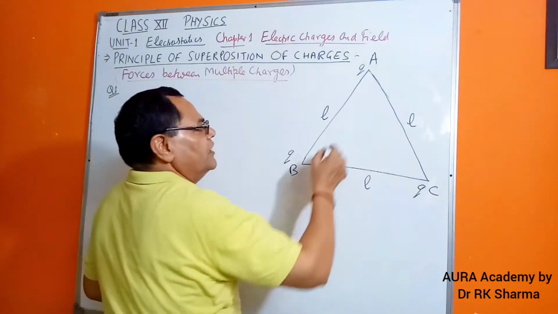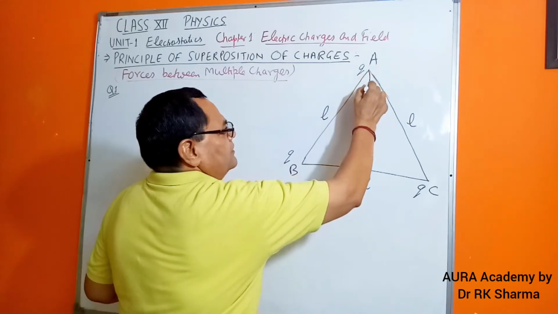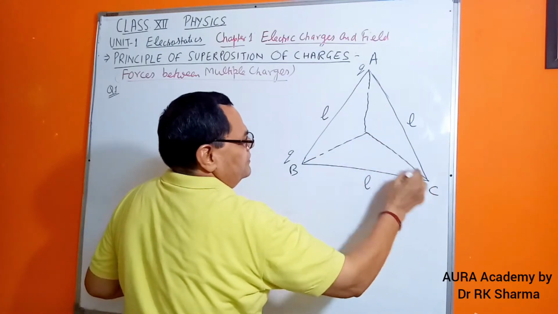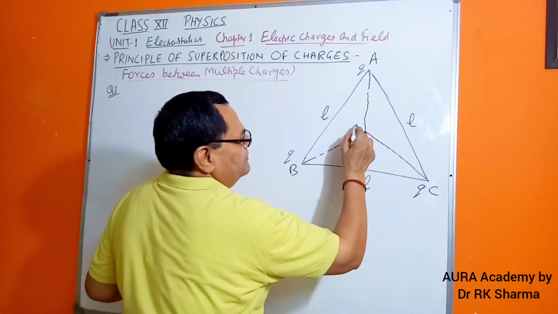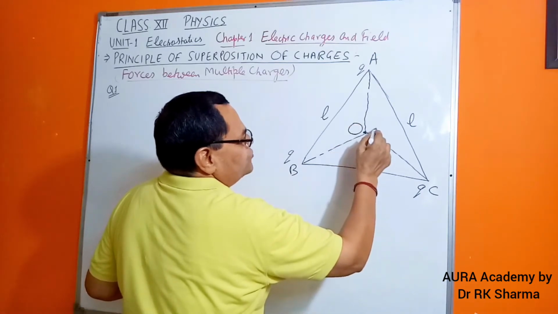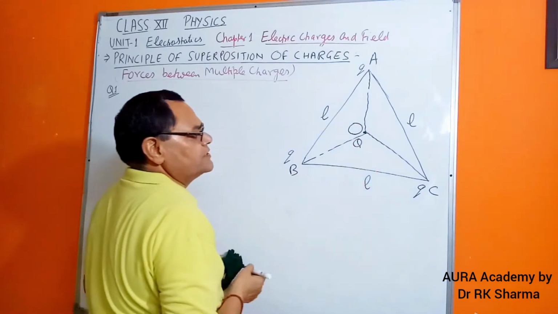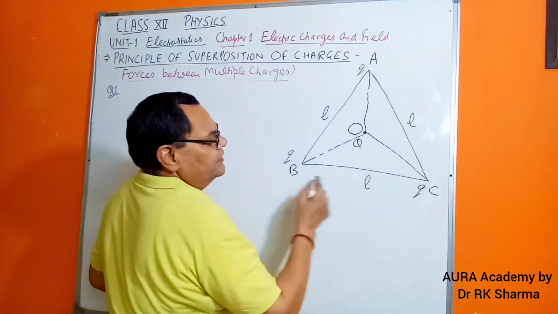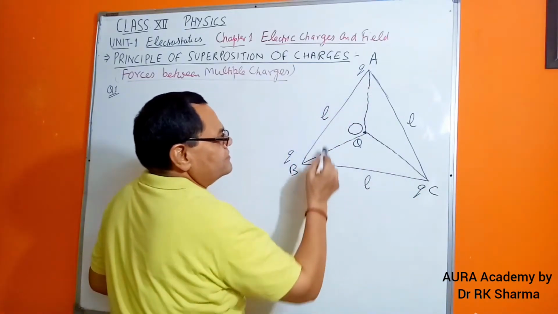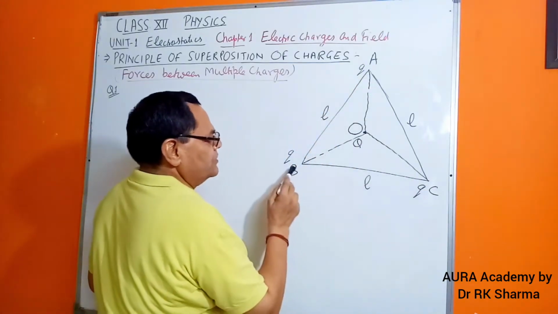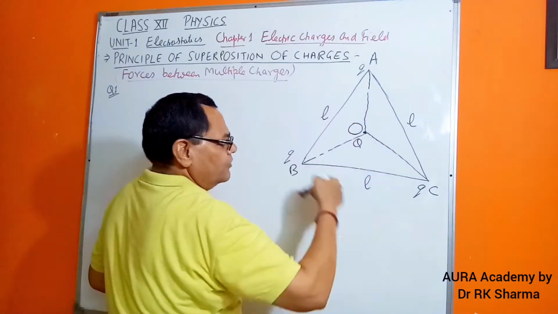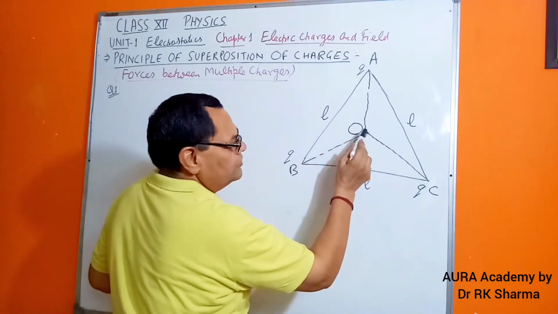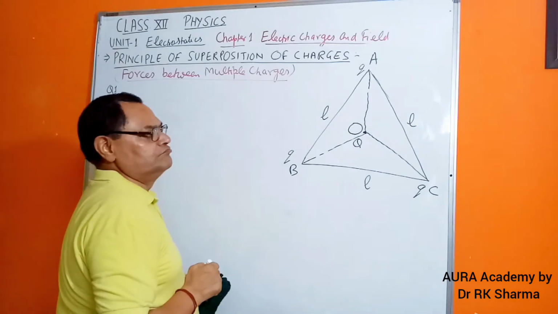Now there is a centroid of the triangle, let's say this is a point O. Some charge capital Q is placed there. So in an equilateral triangle on whose vertices the equal charges small Q are placed, find the net force at centroid O having charge capital Q.